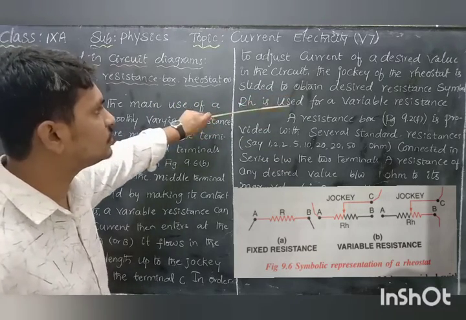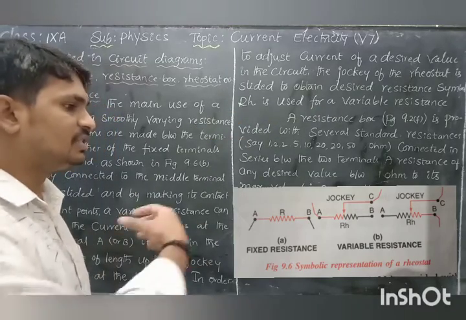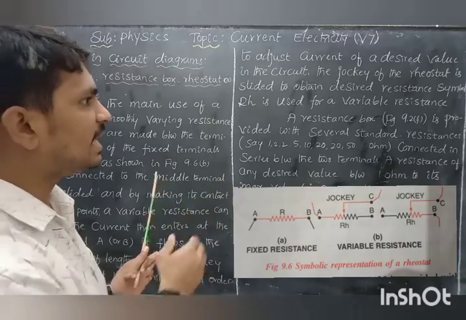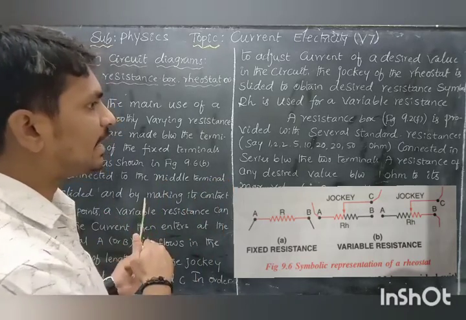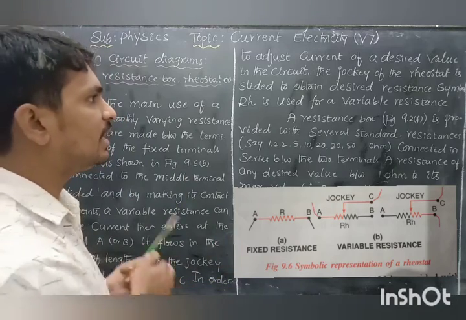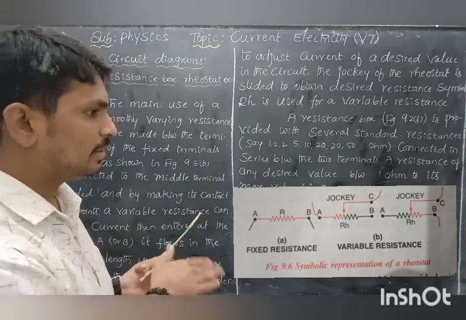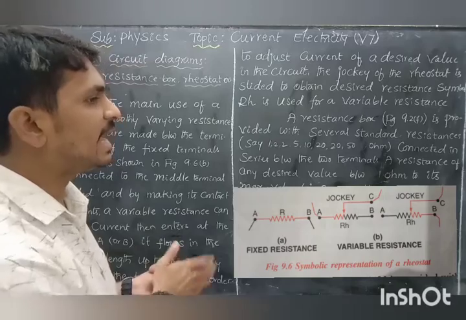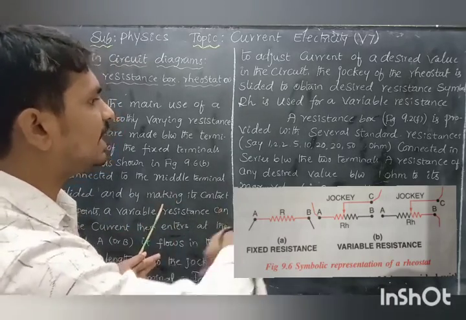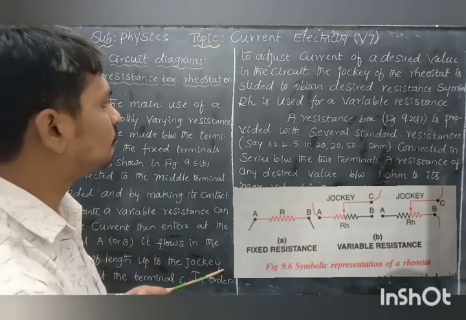Simply, Rh is used for a variable resistance. Generally, there is a fixed resistance from A to B. With the help of the jockey, the current is passed from the A end. Whether you take A or B, the positive terminal of the corresponding battery is connected to it. Current is passed through that, and it passes through the entire wound constantan wire.